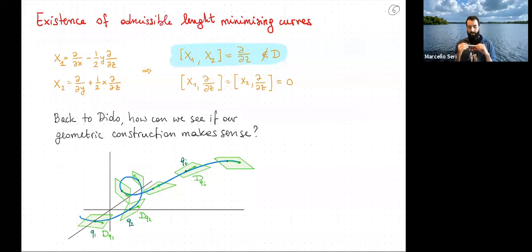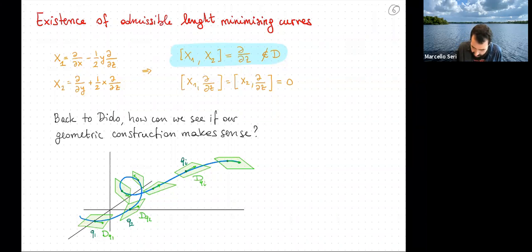So what does it mean to be admissible? If instead of writing the formula as I did before, I want to draw it, it means that at each point I have a subspace. This is embedded in R3. So in principle here, I should have a three-dimensional space of possible directions. Instead, my curve can have a velocity that is constrained to this little green square.